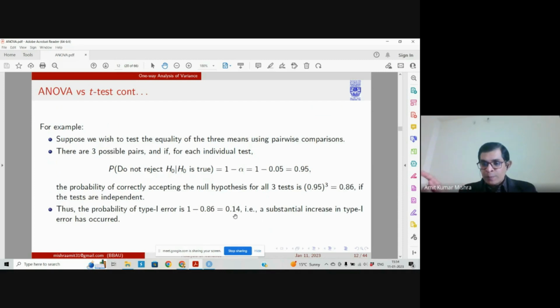Each t-test has a maximum error of 5%, but if you perform three t-tests for the comparison of mu1 equals mu2 equals mu3 pairwise, your error will increase from 5% to 14%. So pairwise comparison is not good because it inflates the error. That's why we do not use the t-test.